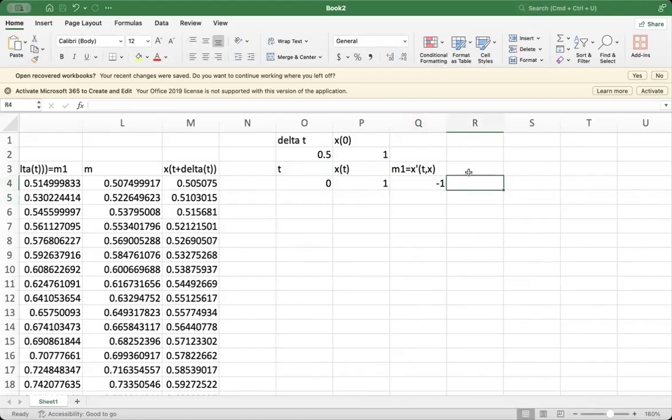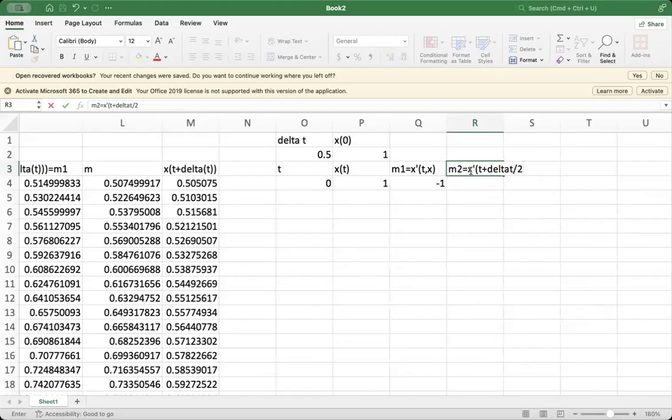That's m1. M2 is slightly more complicated, but it's the function, so x prime evaluated at t plus half a delta t. I wish I had a good letter for that, but the time step, delta t, divided by 2. So we want to do half a time step.